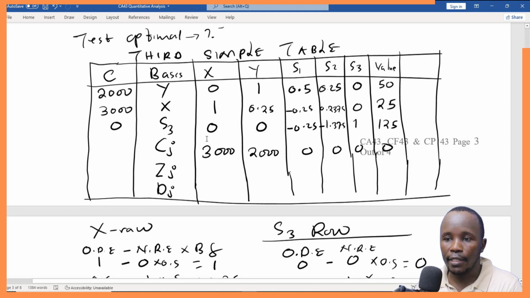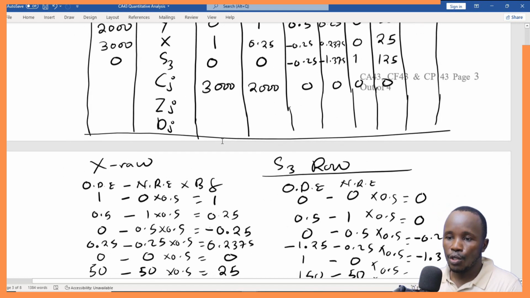It was 2,000 times this plus 3,000 times this plus this times this. So what do you get? What is 2,000 times 0? That is 0. 3,000 times 1, 3,000. 0 times 0. So here I have 3,000.